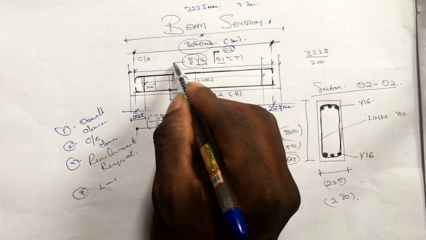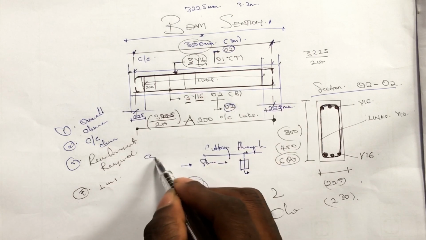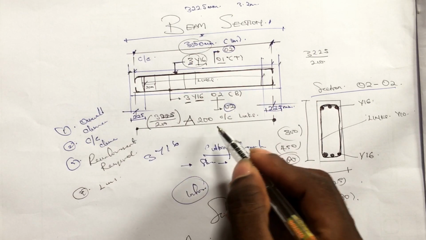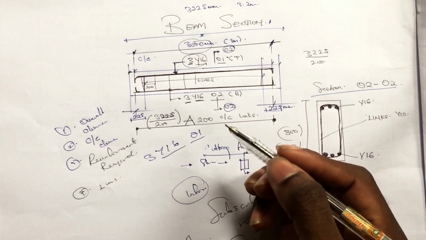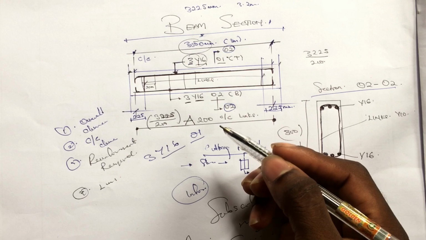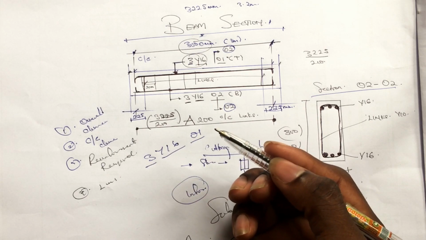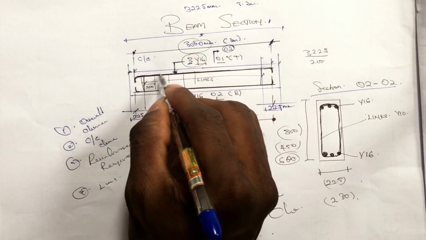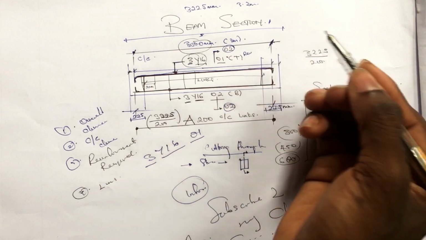So here you have the call out for the reinforcement, which is known to be 3Y16. O1 is known to be the benchmark. The Y16 is just the diameter of the reinforcement that is needed, and 3 is the number of reinforcement that is required. And this one is known to be at the top, that is why it is called a top reinforcement.